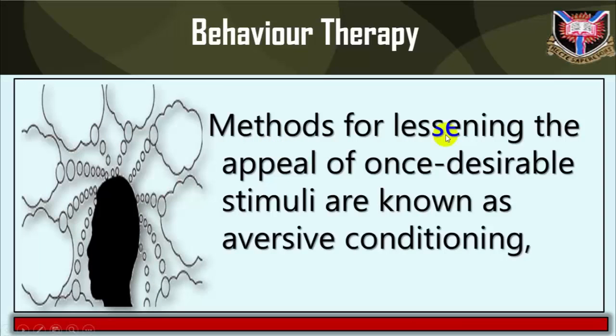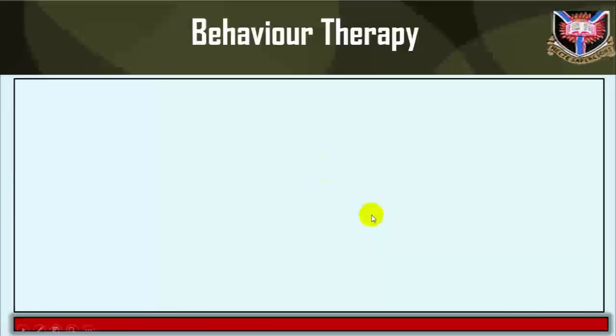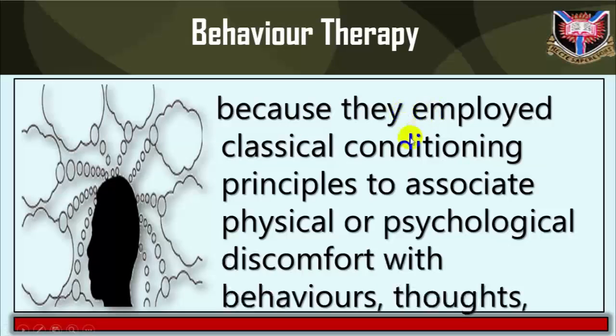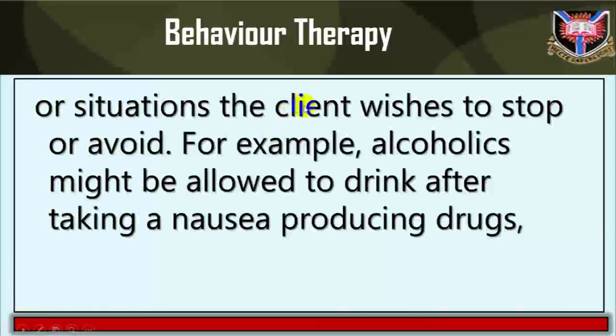Methods of lessening the appeal of one's undesirable stimuli are known as aversive conditioning because they employ classical conditioning principles to associate physical or psychological discomfort with behaviors, thoughts, or situations the client wishes to stop or avoid.